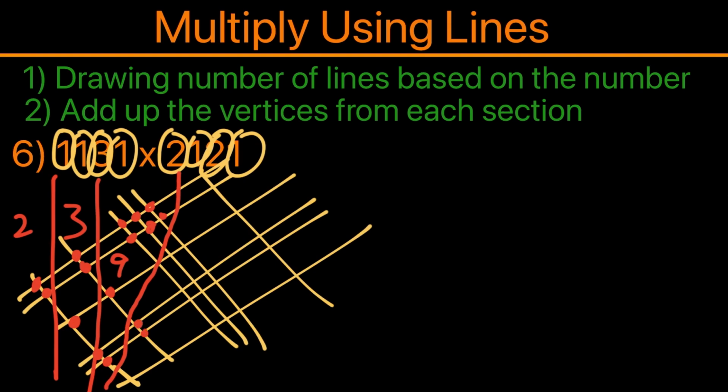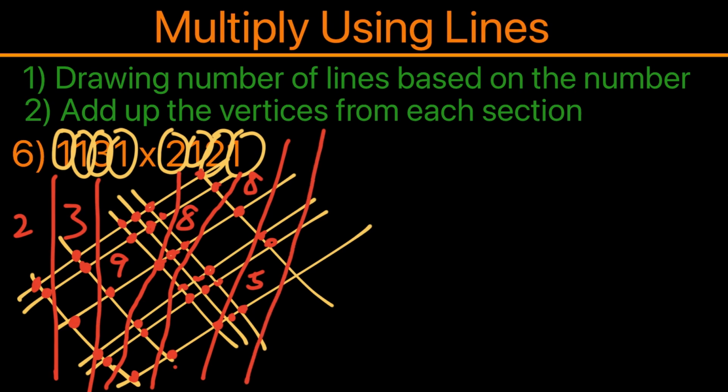Now we have 1, 2, 3, 4, 5, 6, 7, 8. So that's 8. Then we have 1, 2, 3, 4, 5, 6, 7, 8. So that's 8. And then we have 1, 2, 3, 4, 5. That's 5. And lastly, just 1.